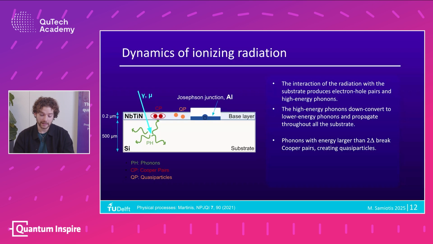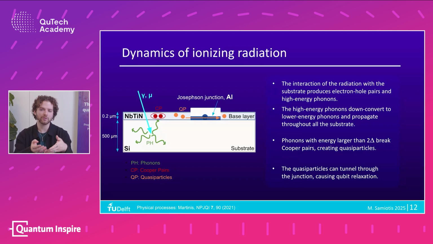And when these quasi-particles tunnel through the Josephson junction of the qubits, then the qubits relax and they go to the ground state. It's very involved, and there's a lot of physics about it that I am skimming through here. You don't really need to understand all the process that is happening on the physics level.